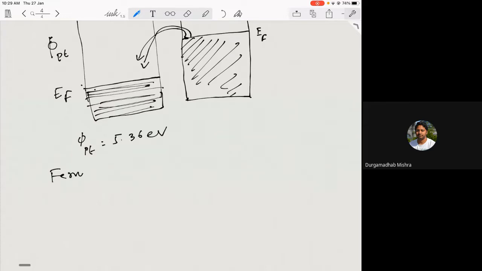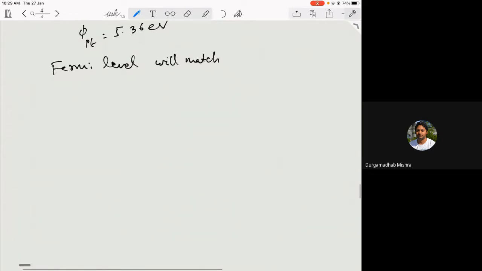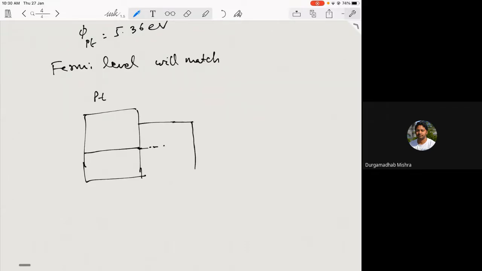So the Fermi level will match when you form the junction, and the picture will look a little bit different. When we plot it, it will be clear to you. Now this is your platinum. Now the Fermi level needs to match. This is your molybdenum.